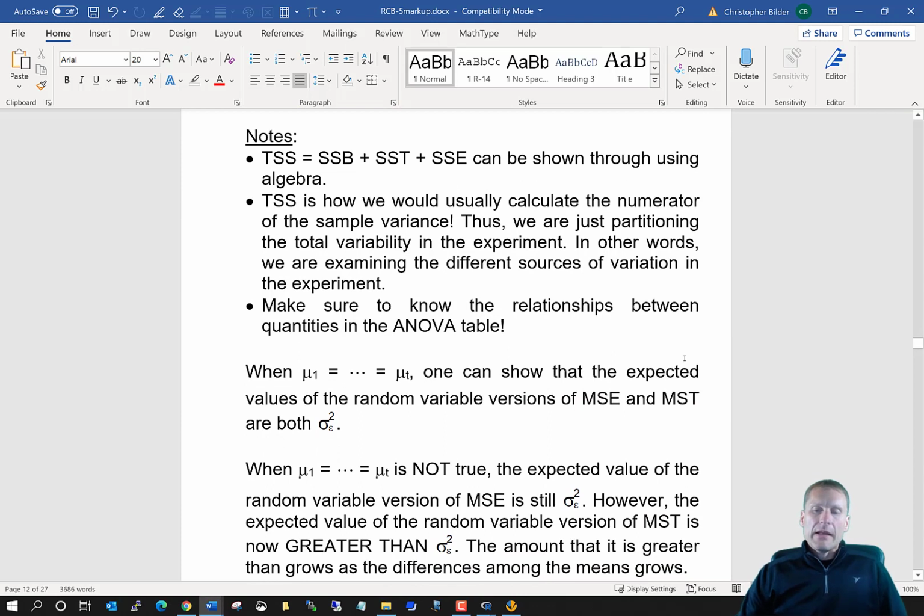Okay. Now, one can show through algebra that the total sums of squares is equal to the sums of squares for block plus the sum of squares for treatment plus the sum of squares for error.